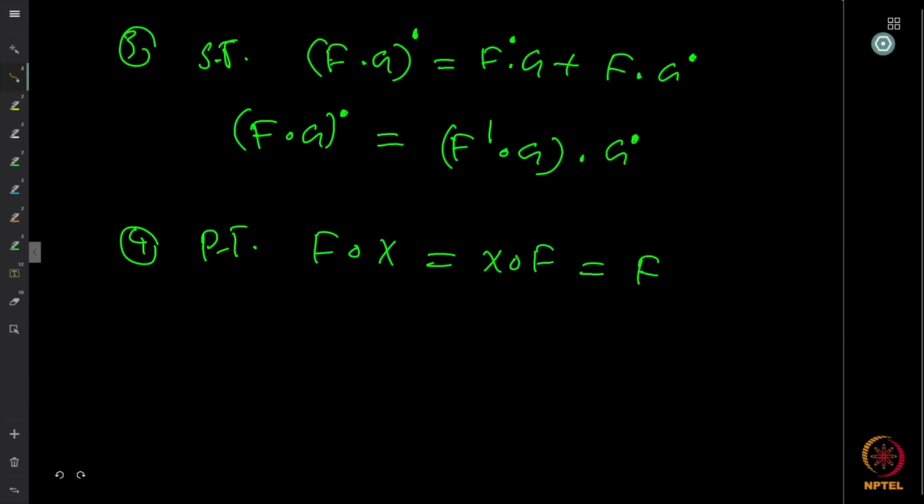Similarly, show that F composition G dot, I will write it more clearly, is equal to F dash composition G times G dot.